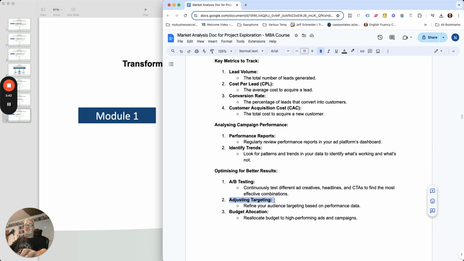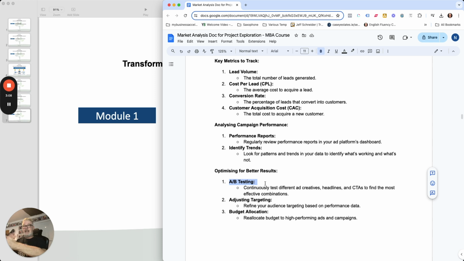We may want to begin to evaluate how we can adjust our targeting. In other words, we may be refining our audience based on the data that we see in the first testing phases. And we also may decide to reallocate our budget to higher performing ads and higher performing campaigns. So again, the idea very simply is, let's imagine we do a campaign with A/B testing.